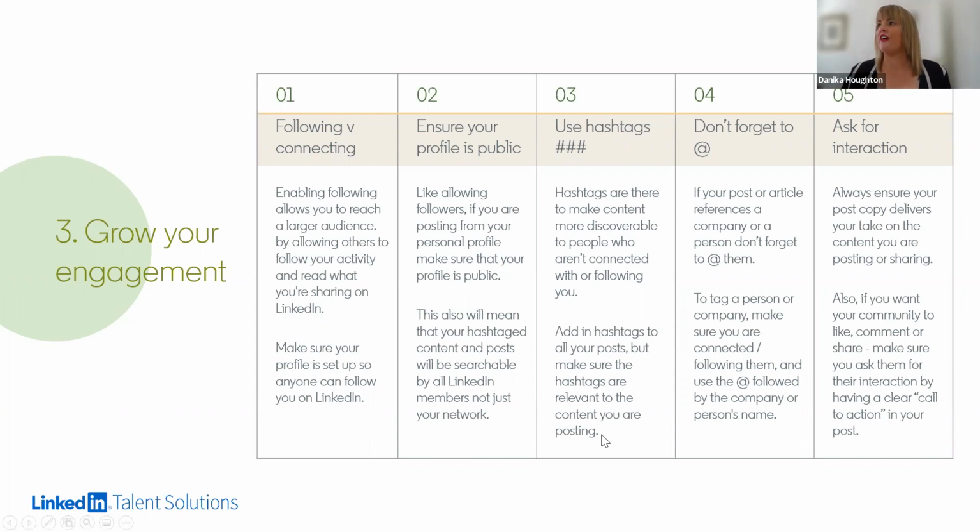The other thing around engagement is 2 other key tips here. Make sure you use hashtags. I will preface this by saying we are not Instagram. It is not hashtag best life, hashtag dogs, hashtag dogs of Instagram. It is not that. It's not 50 hashtags. I would limit this to 3 to 4 hashtags max. Always think about this in context of your post as well.